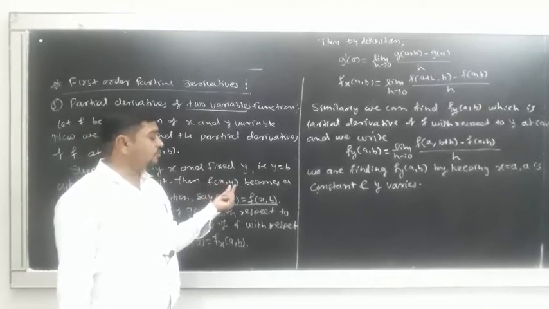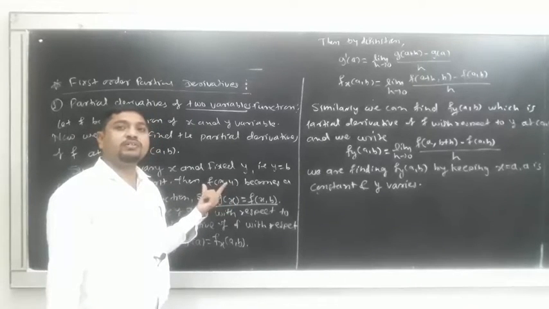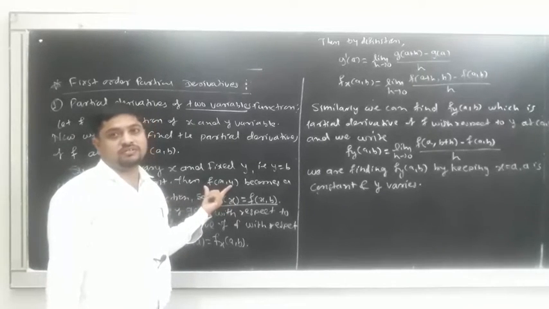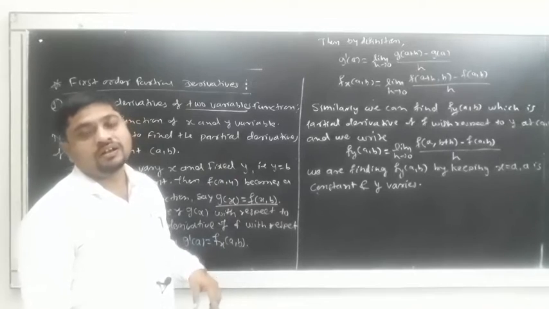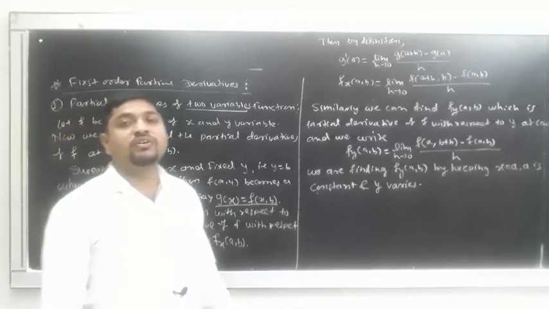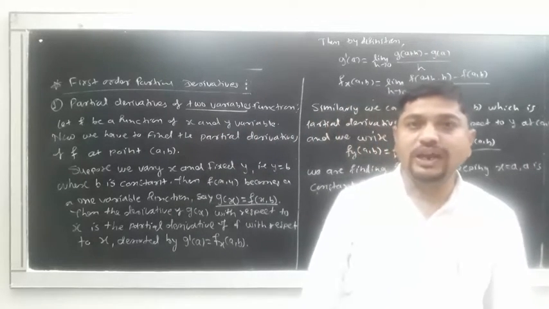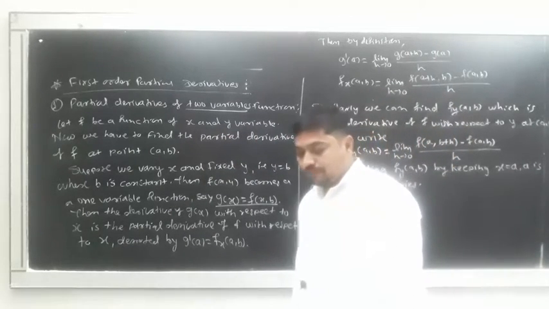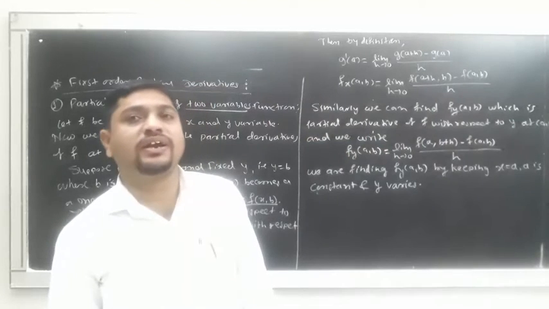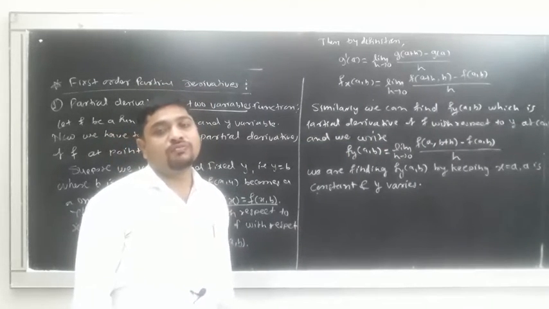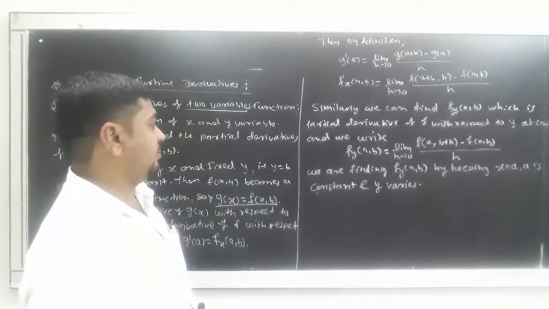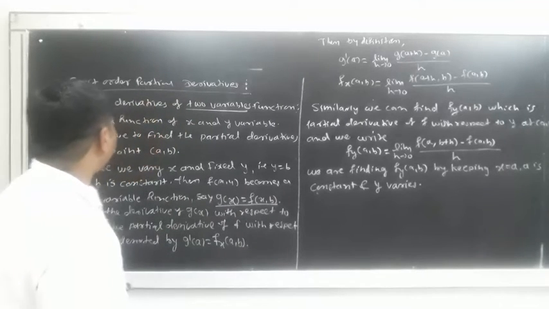If you keep y constant, then this is a single variable function of x. And then you take the regular derivative, and these derivatives are called partial derivatives. So partial derivatives we are just finding by keeping the other variables constant. Getting this?